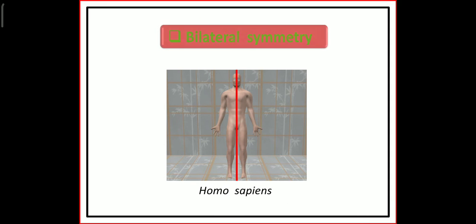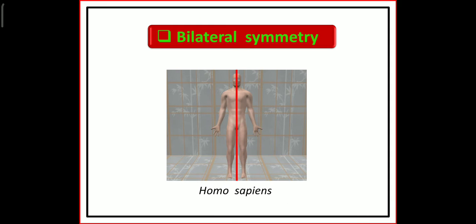Now, bilateral symmetry. Bilateral symmetry means when the body of an animal can be divided into identical left and right halves along only one plane. Bilaterally symmetrical animals are grouped into the taxon Bilateria.